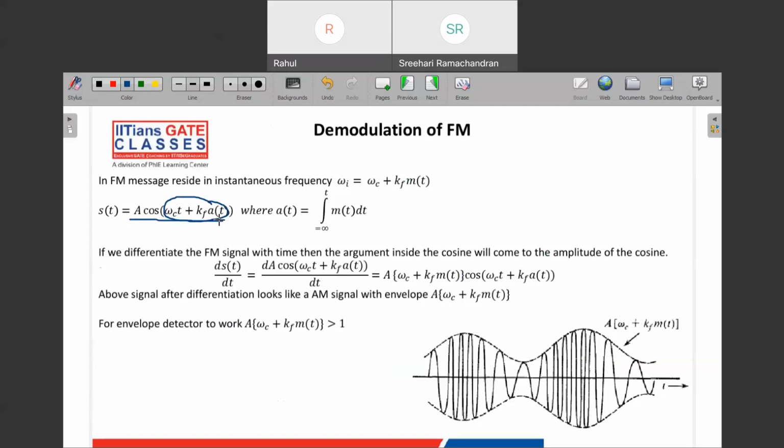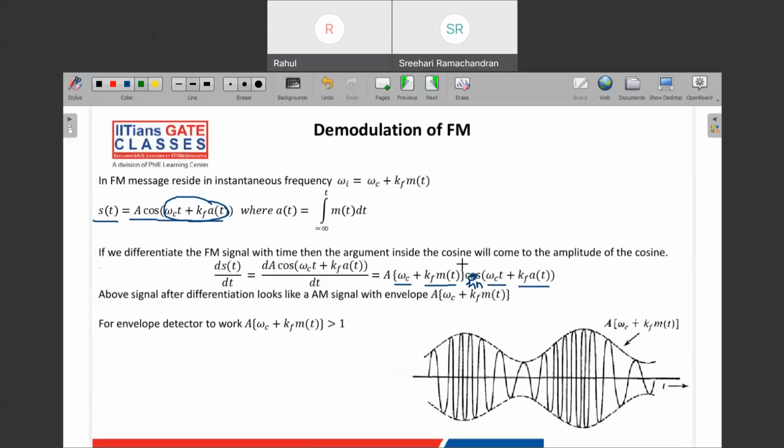Once you differentiate s(t) with respect to time, whatever is in the argument of the cos will come to the amplitude. After the differentiation, this cos will become sine; actually, this should be sine here. And you have omega c plus kf into m(t), and in the amplitude also you have omega c plus kf into m(t).